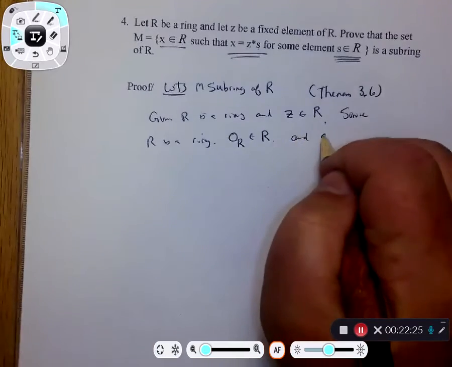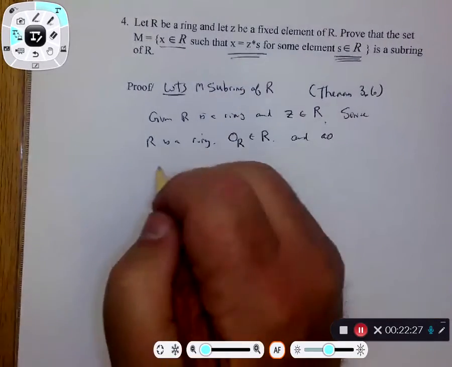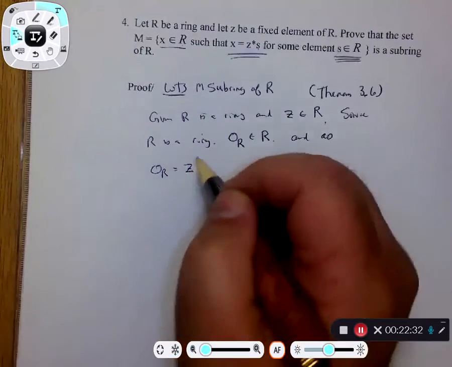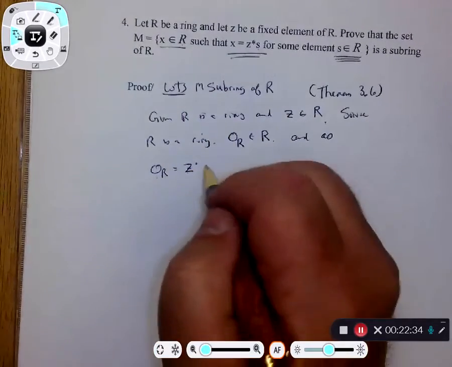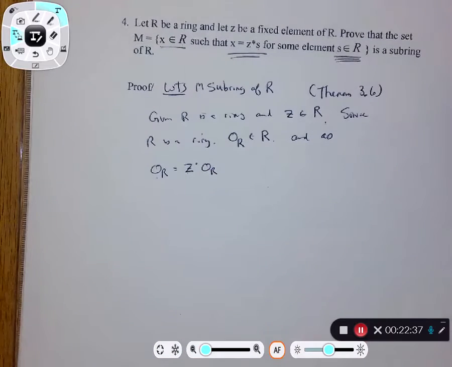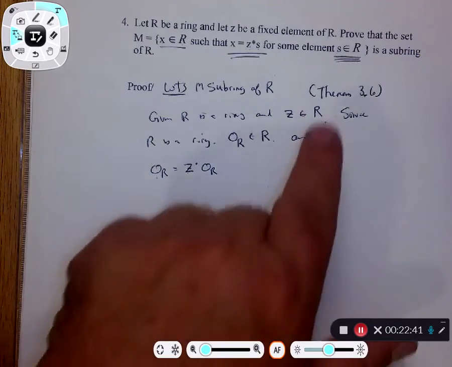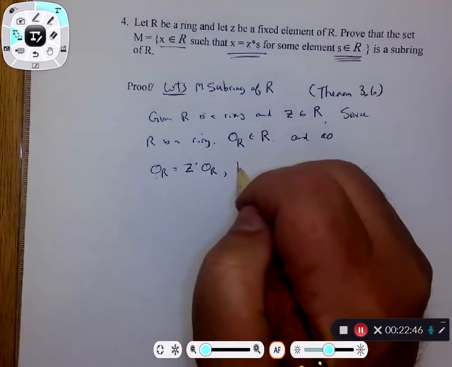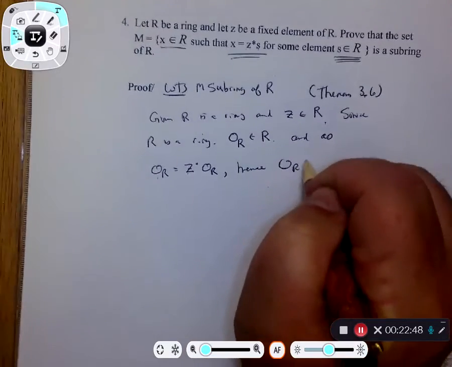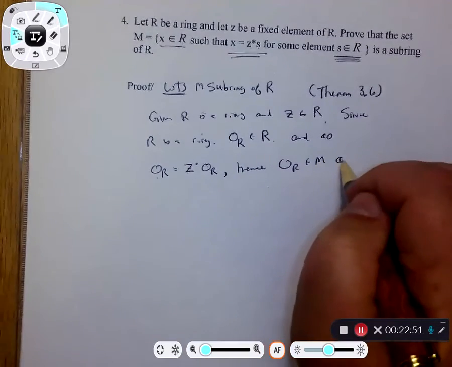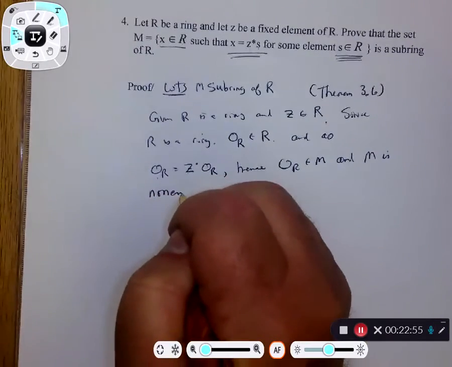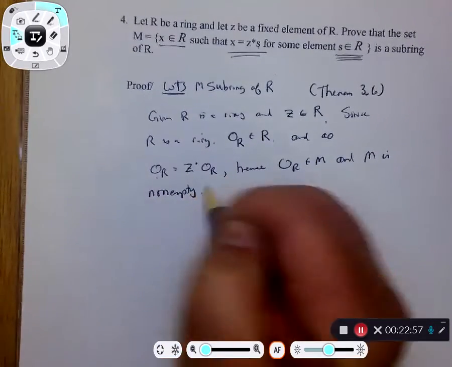And as I've got to have my structure, 0R, my element, is equal to Z times what element when I multiply by Z is going to give me 0 in R? 0 in R, of course. 0 in R times Z equals 0 in R, where again 0 in R came from R. Hence 0R is an element of M, and M is non-empty. It's usually pretty straightforward to show 0 has all the properties that you want here.